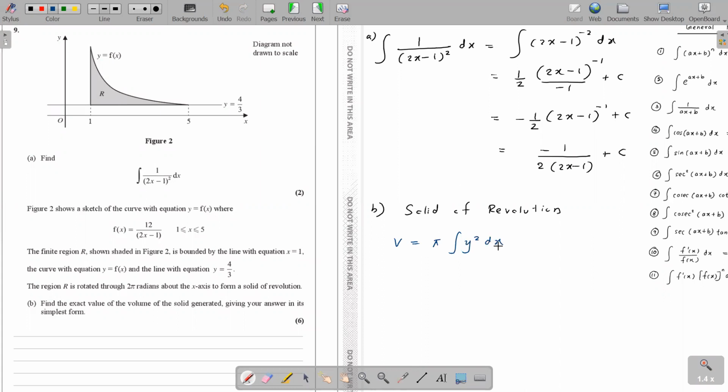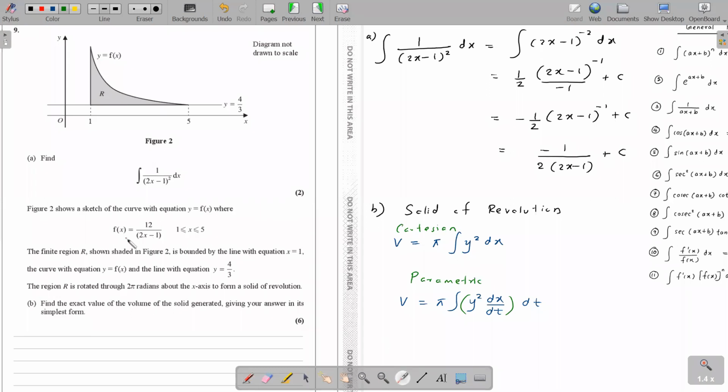And the parametric volume of revolution is the volume equals pi times the integral of y squared dx by dt, with respect to t. This is the parametric equation, and this is the Cartesian equation.